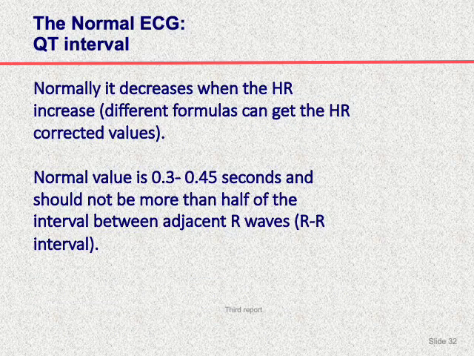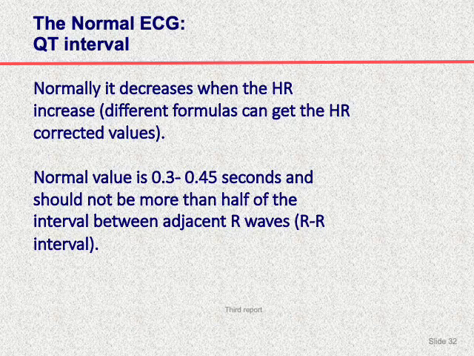The QT interval duration is between 0.3 and 0.55 seconds, and this depends on the heart rate. It shortens with rapid heart rate and lengthens with slower heart rate.